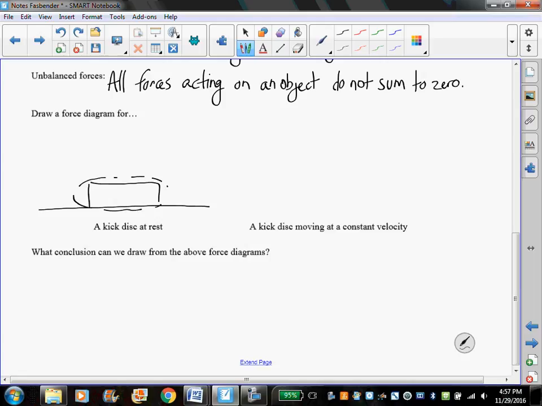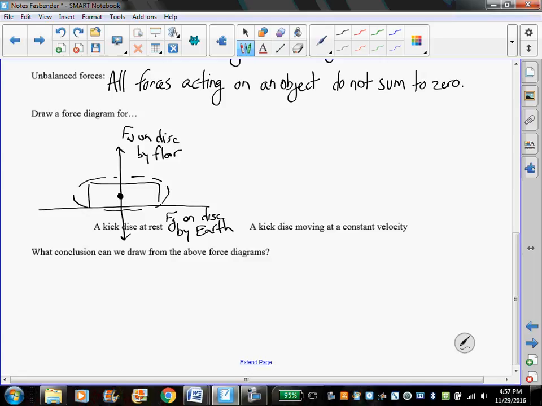So if I make my system the kick disc, I think to myself, well, the kick disc has mass, so there is a force of gravity on the disc by the Earth. It's sitting on the floor, so the floor is a surface. It must be pushing up with a normal force on the disc by the floor.